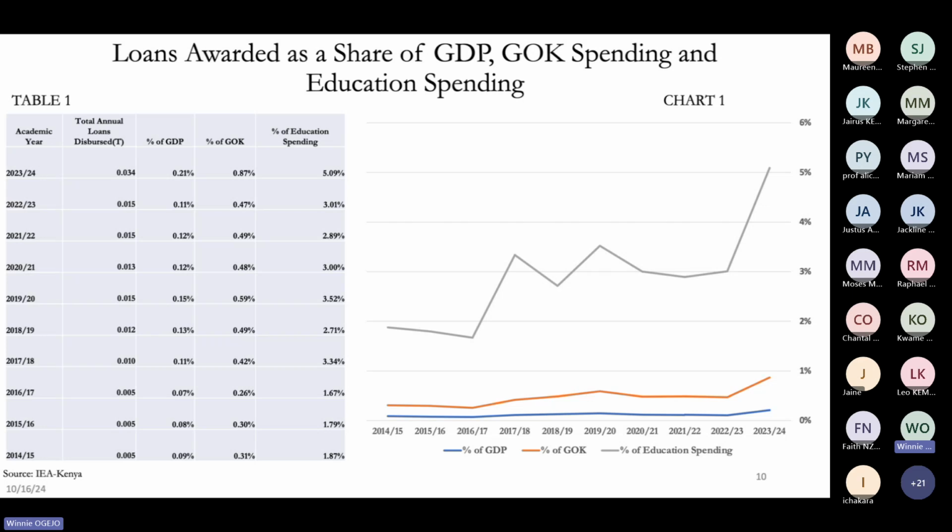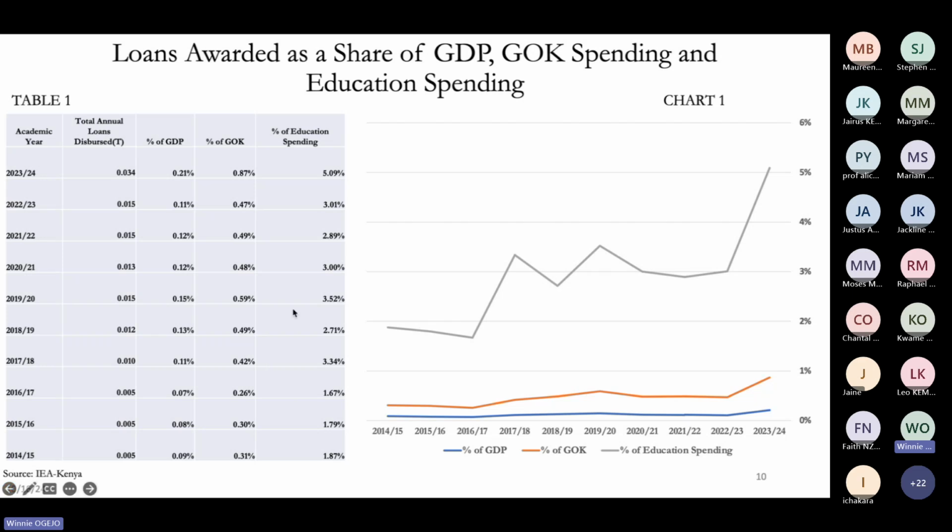Then Table 2 is just a graphical representation of the data in Table 1. You can notice that the gray line, which is education spending, has the highest rise. Then we also have the GOK, which is the orange line, which has also been increasing. And as a share of GDP, that has also been on the rise.